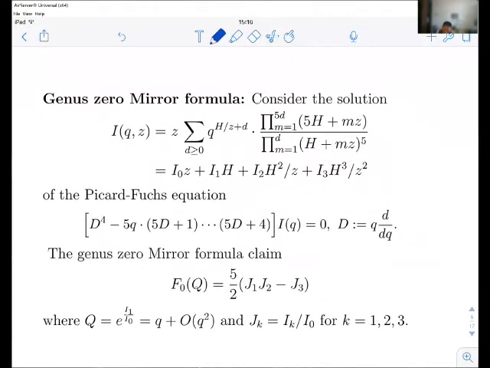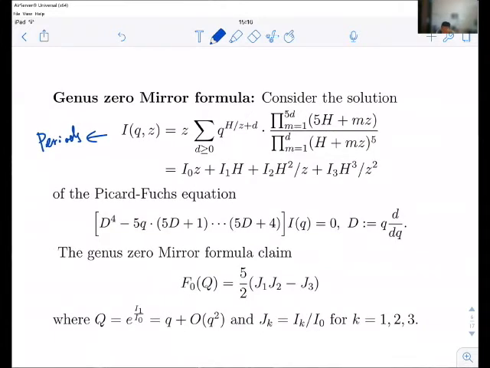Okay, so now I can explain the genus zero mirror theorem. These I_k(z) are just these periods. You can simply compute them using classical geometry theory, and you can prove that they are the solutions of the following Picard-Fuchs equation.